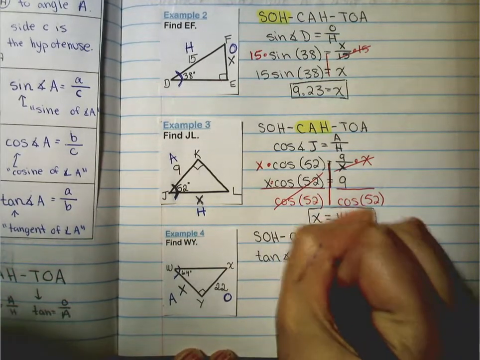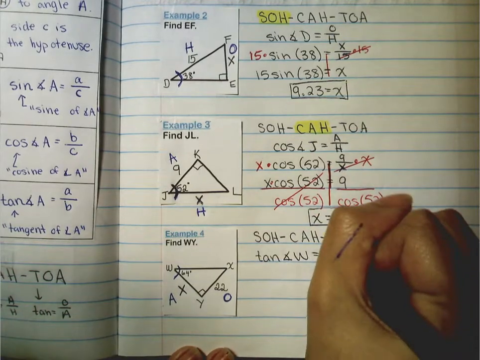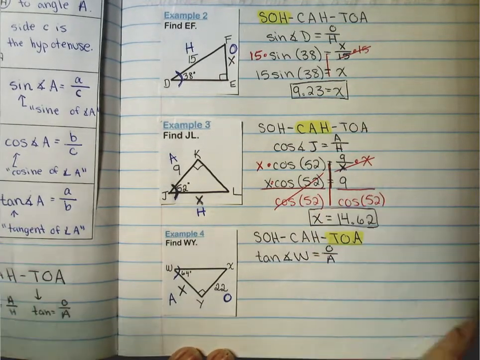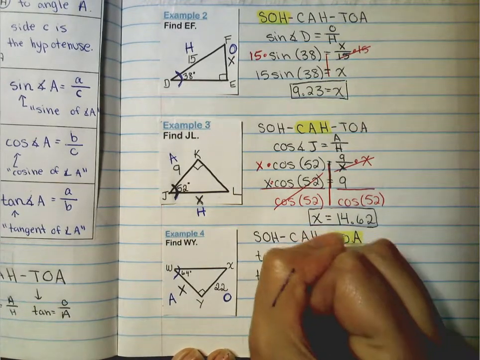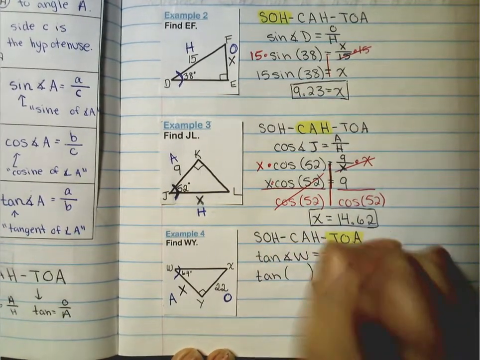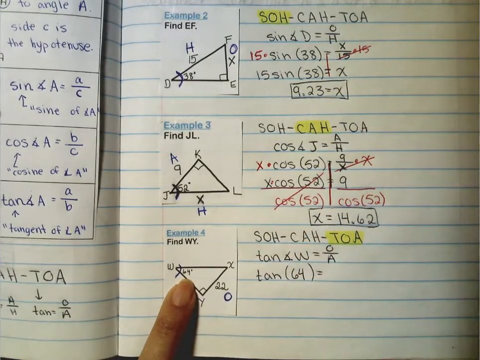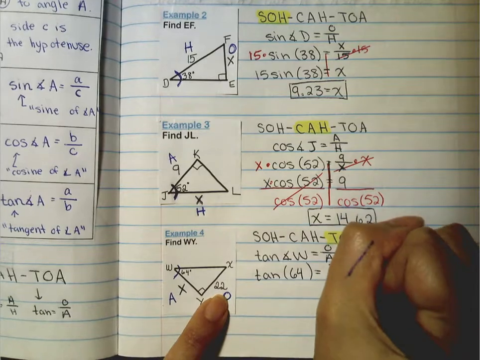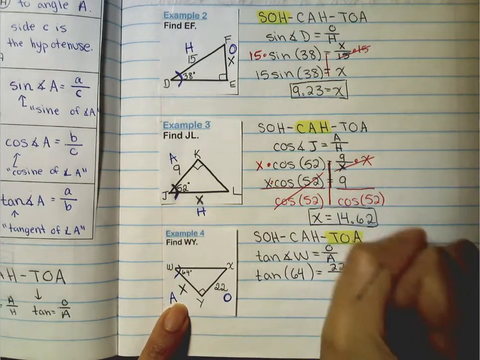Tangent of angle W equals opposite over adjacent. So I'm replacing my letters with my numbers now. So tangent of angle W, which is 64 degrees, equals opposite, which is 22, over adjacent, which is x.